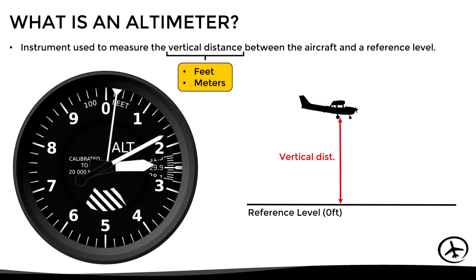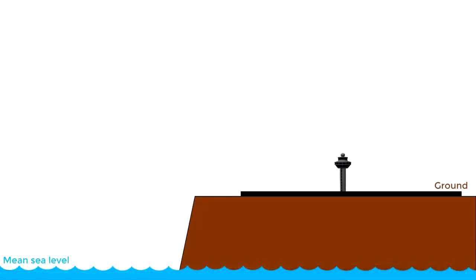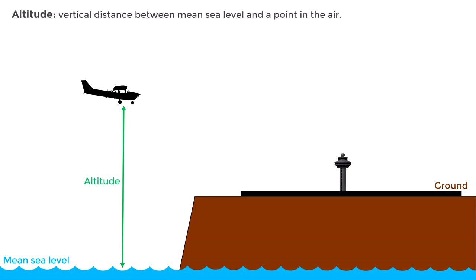At this point we might be wondering, why do we say vertical distance instead of altitude or height? Well, that is because that vertical distance may have different names depending on the reference level we are using. Let's see an example of this. If we measure the vertical distance between the mean sea level and the aircraft in flight, we will be measuring altitude.